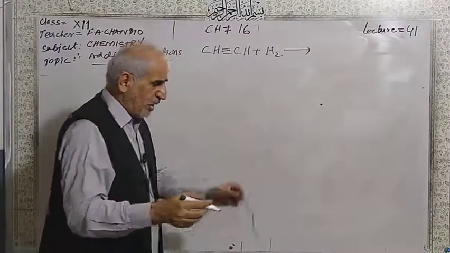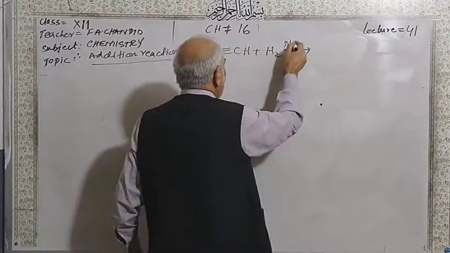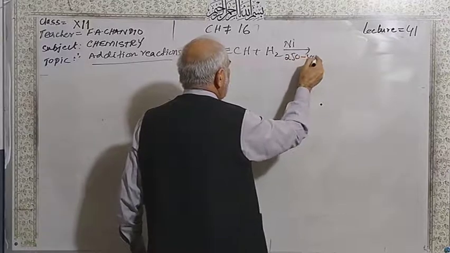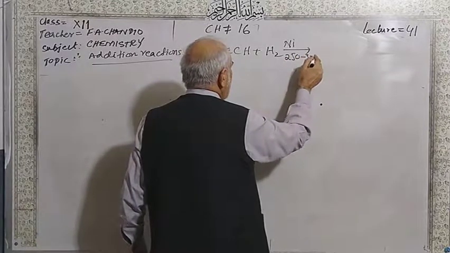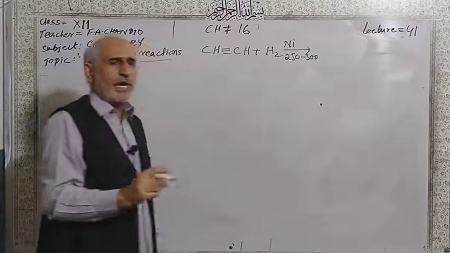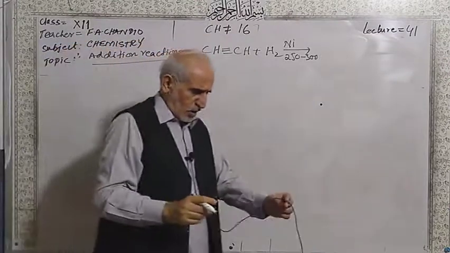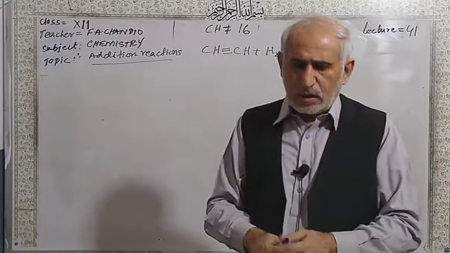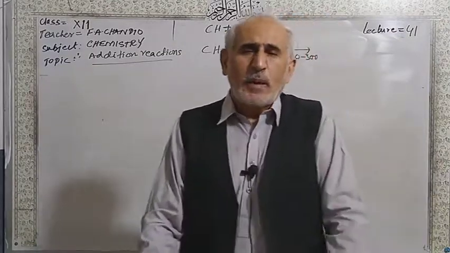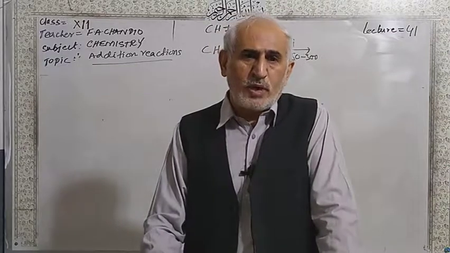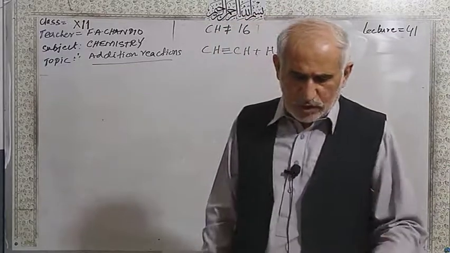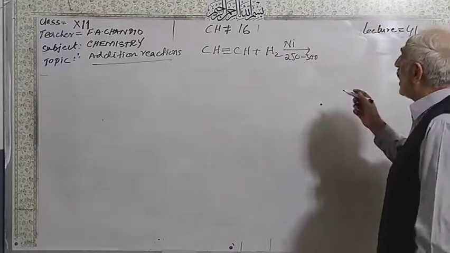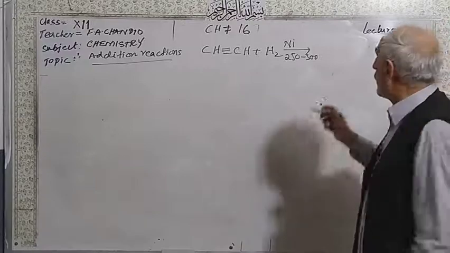The catalyst first: if you use a nickel catalyst at 250 to 300 degrees centigrade and 100 atmosphere pressure, the chemical reaction is exothermic, about 195 or 219 kilojoules per mole of energy is involved in this process of hydrogenation of alkenes or alkynes for the preparation of alkanes.